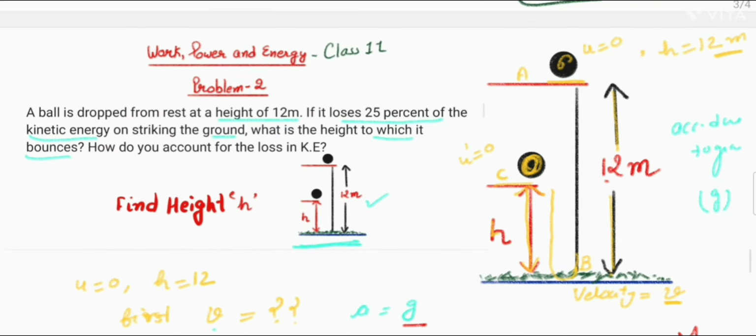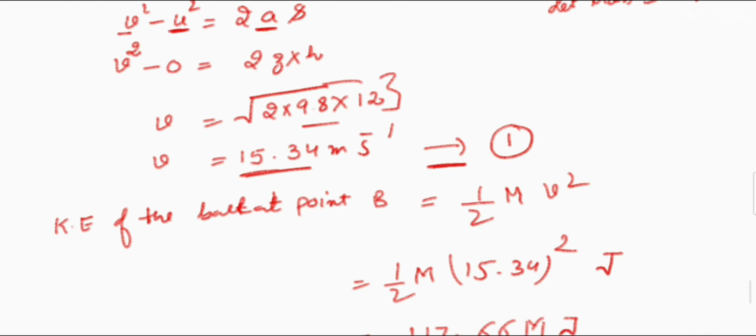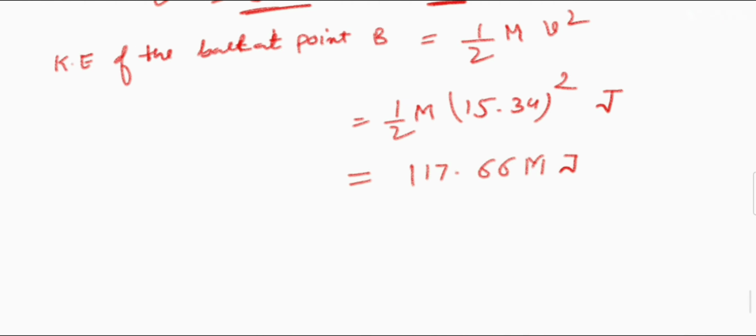Now in the question they have mentioned that on striking the ground, the ball loses 25% of its kinetic energy. So the remaining kinetic energy, after losing 25%, will be equal to 75% of this kinetic energy, meaning 117.66 into 75 divided by 100 m.